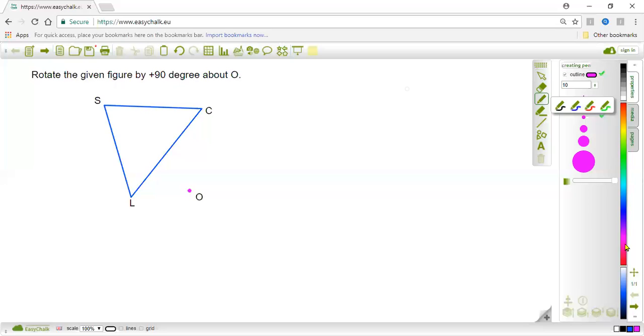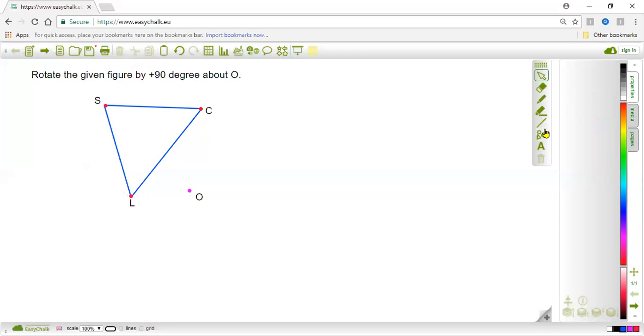This is the vertex S, this is vertex C, and this is vertex L.